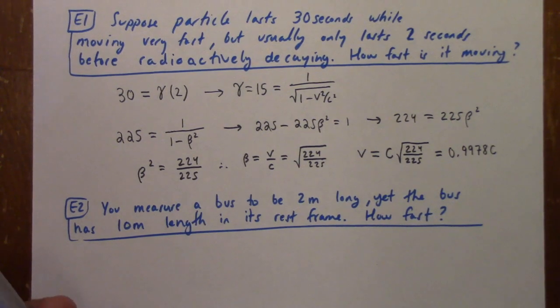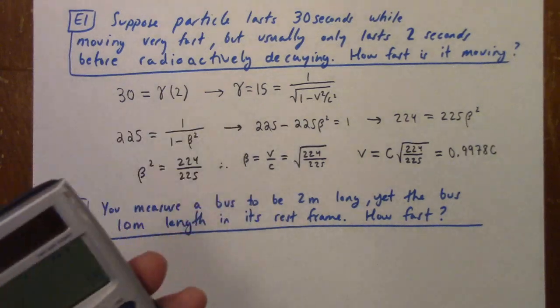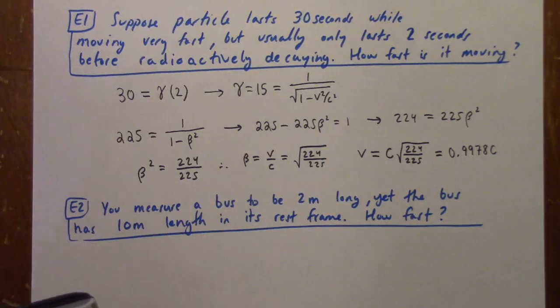It feels wrong to me. Let me just try it out real quick here. So 224 divided by 225, all right, 1 minus 224 divided by 225 equals that. Square root of that answer, and then reciprocal of that, 15. All right, yeah, it worked.